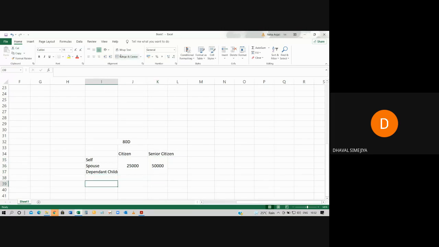Now, for parents, this limit is 25,000, but if my parents are senior citizens, then 50,000. Clear? આવી રીતે ટેબલ બનાવી લેવાય.